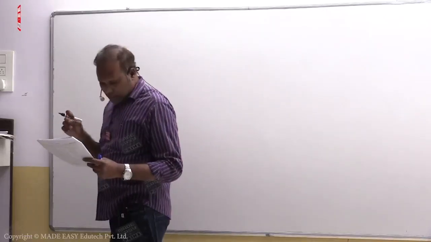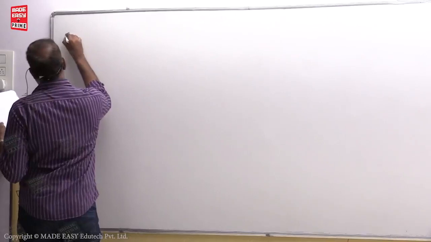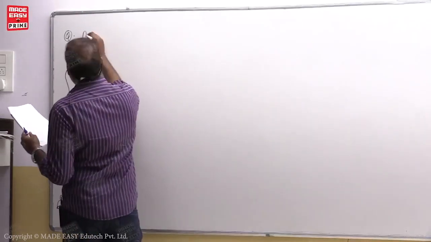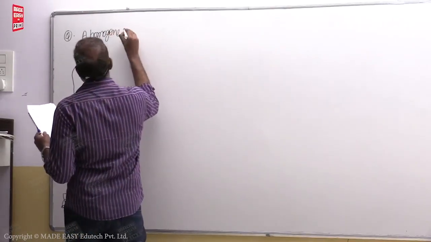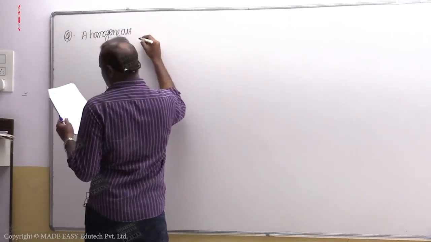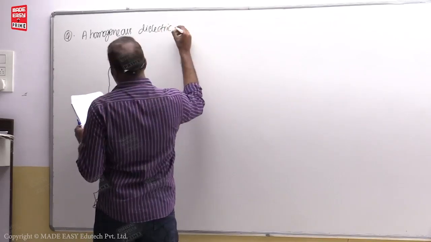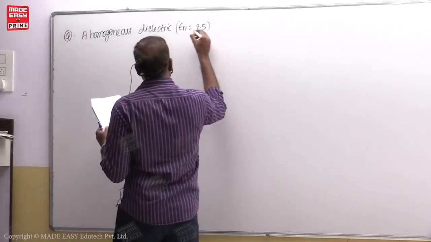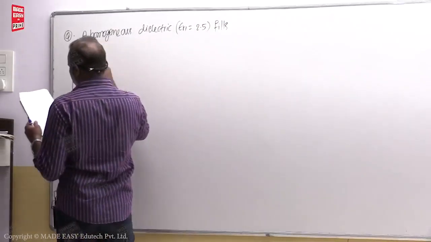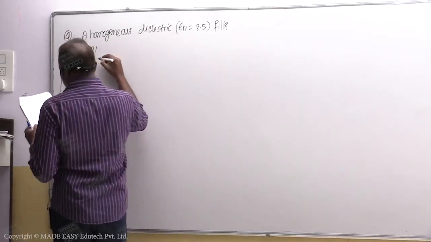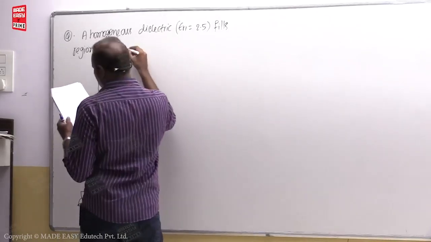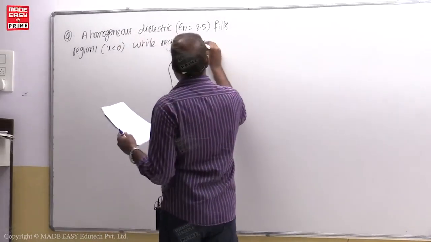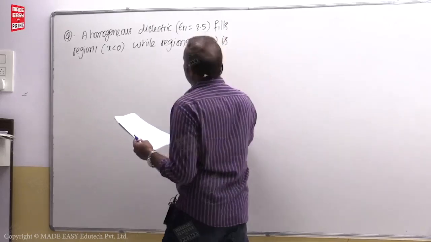Okay. So dear students, now let us solve this question. I am not writing the question number. This is a chapter 1 question because different students have different question numbers. A homogeneous dielectric, epsilon R1 is equal to 2.5, fills region 1, that means medium 1, that is x less than 0, while region 2, that means medium 2, that is for x greater than 0, is free space.